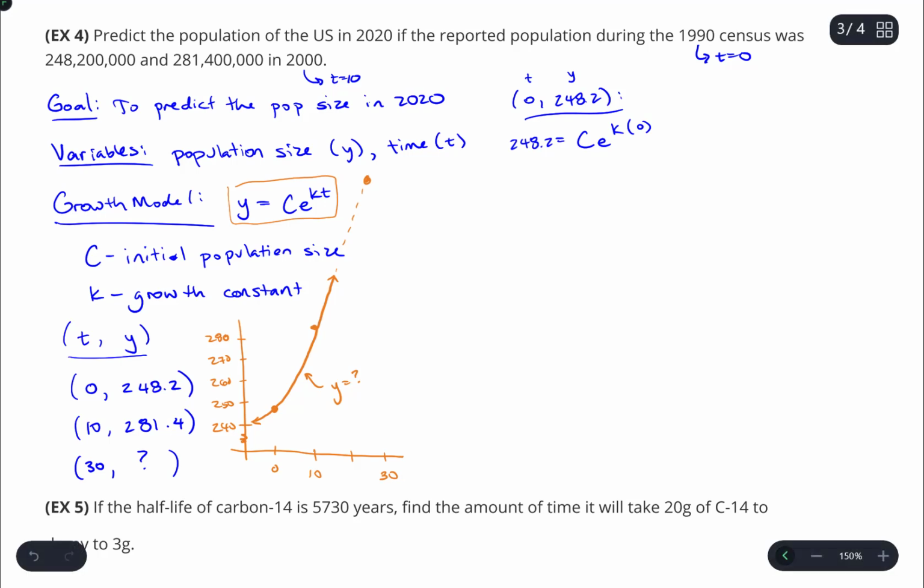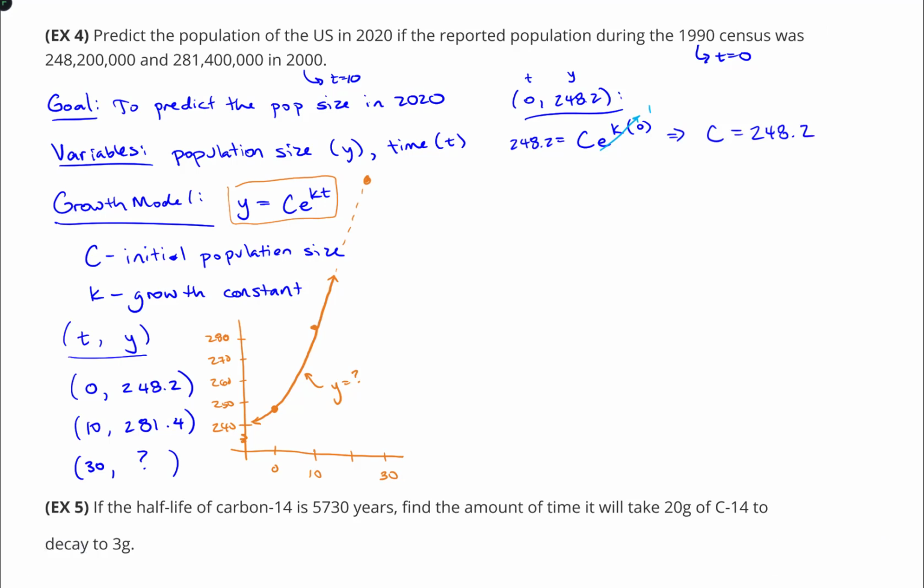Well, what happens? e to the k times 0 is e to the 0th power. Anything to the 0th power is just 1. So that ultimately leads us to determining the value of our initial population size, which is 248.2, which is not entirely groundbreaking. We actually kind of knew that because when t equals 0, that's the initial population size. But the model told us that as well. That's good.